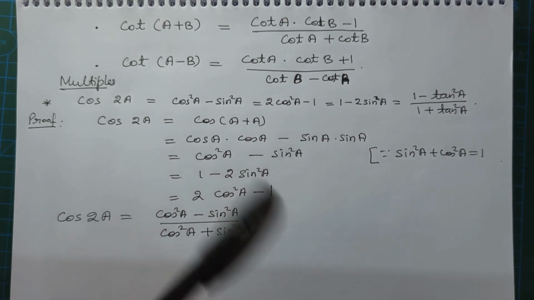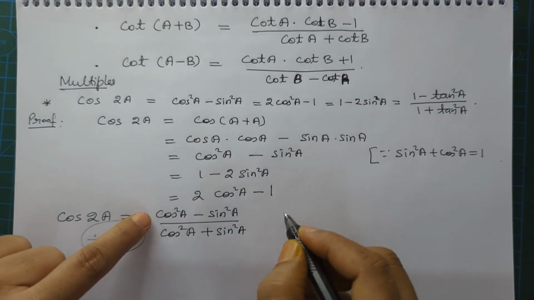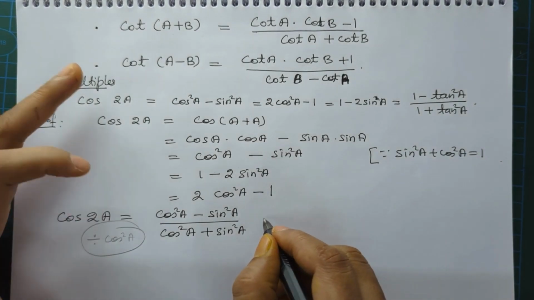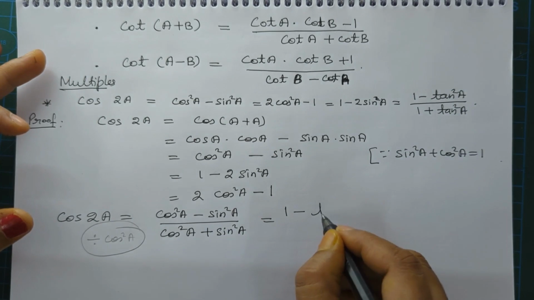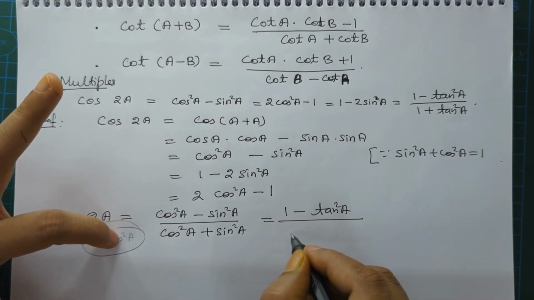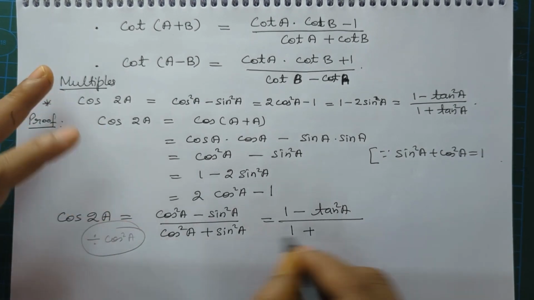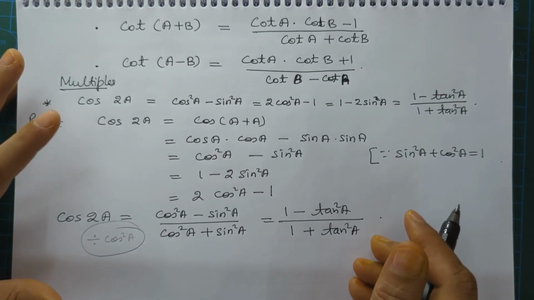Now we divide the numerator and denominator by cos² A. In the numerator, cos² A by cos² A is 1, minus sin² A by cos² A is tan² A, upon cos² by cos² is 1, plus sin² by cos² is tan². So this is the formula for cos 2A.